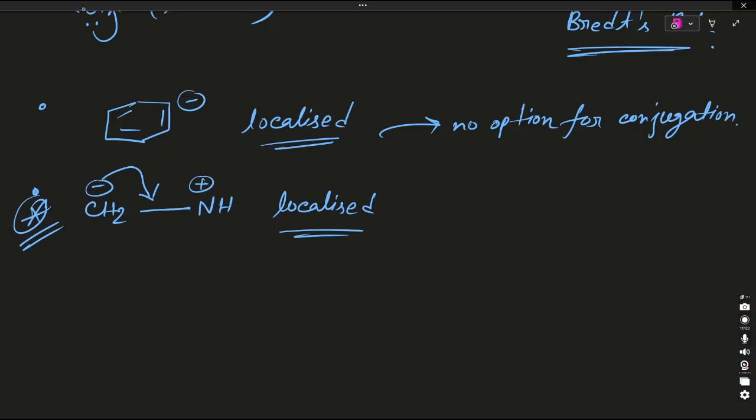Why? Because this nitrogen atom doesn't have any empty p or d orbital. So this is localized.